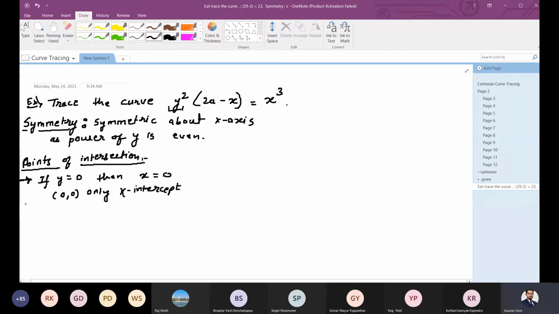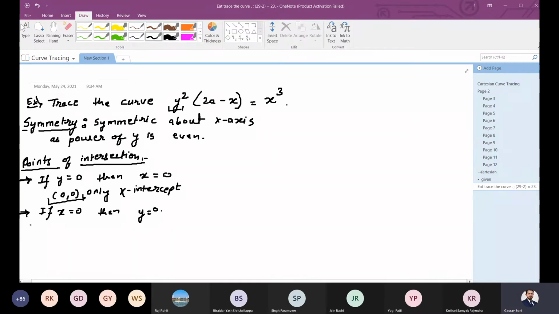Then we'll talk about the y-intercept. If x is equal to 0, then 2a into y square is equal to 0, which implies that again y equal to 0. So the only point of intersection on the x and y axes combined is 0, comma 0.